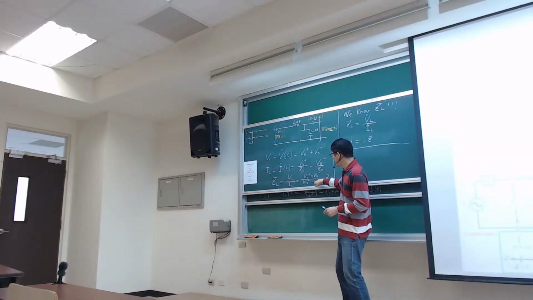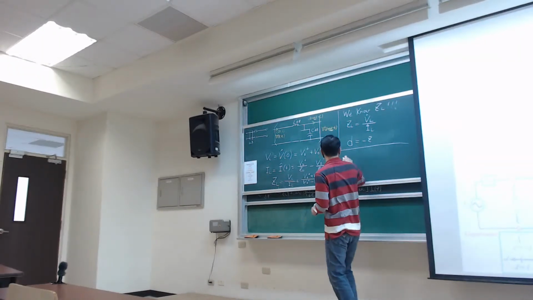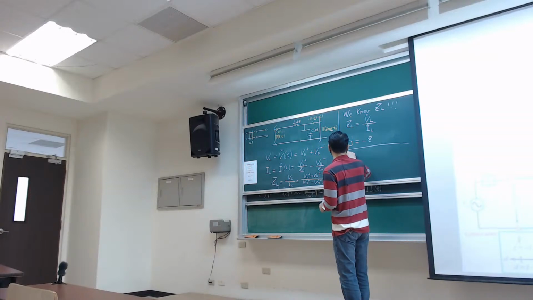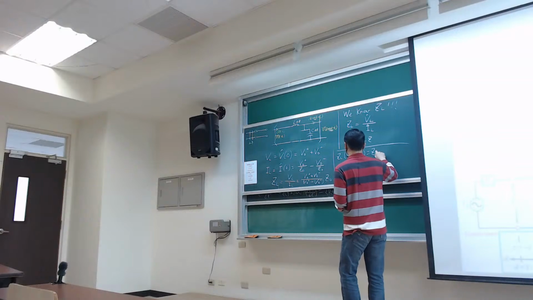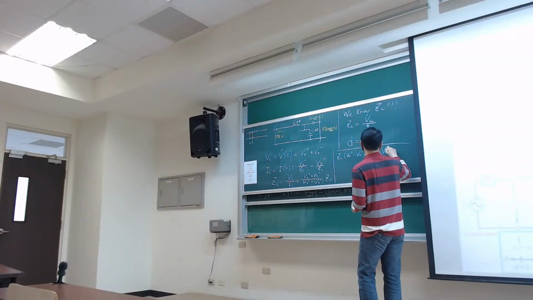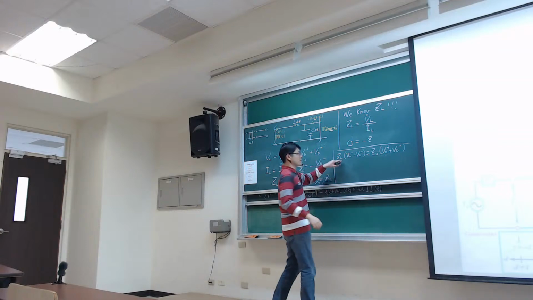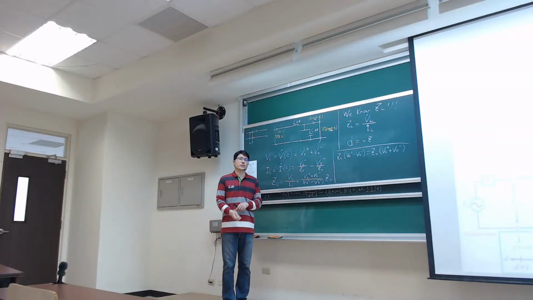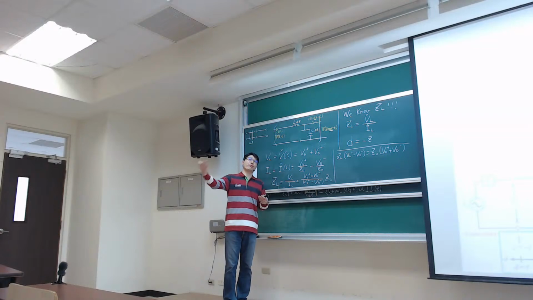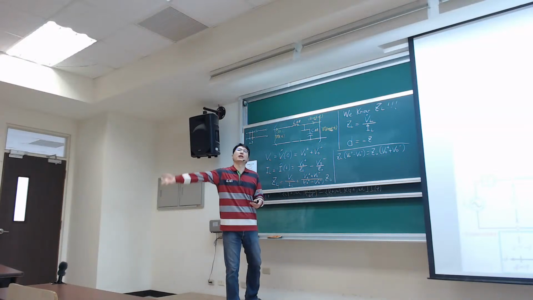So I'm multiplying this to the left by the denominator, ZL. This is the equation I want to use. I want to use this fact: having any reflection is because of a load.